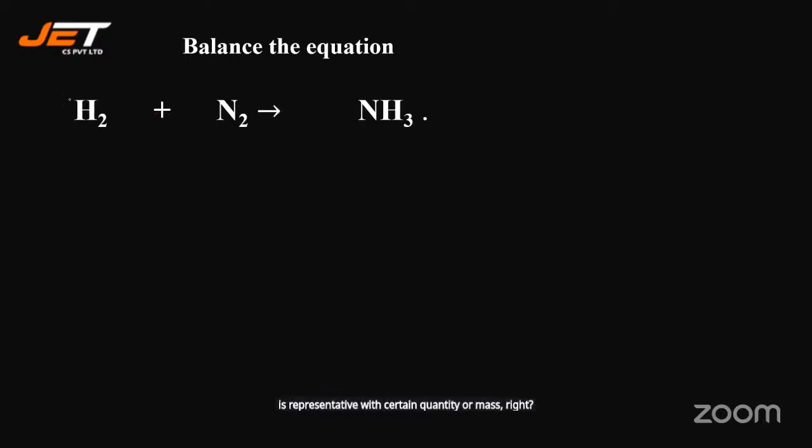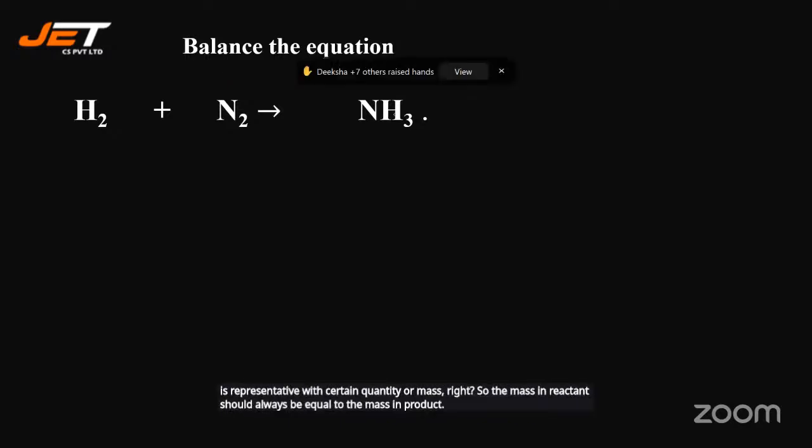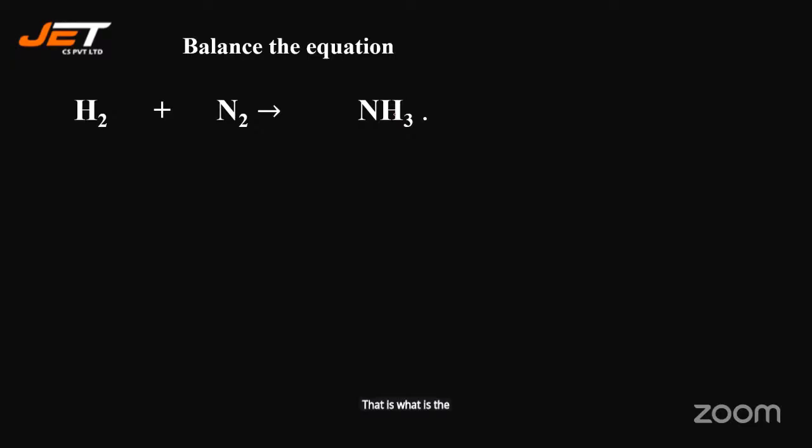So the mass in reactants should always be equal to the mass in products. That is the actual application of the law of conservation of mass to these equations. So a chemical equation is a symbolic way of representing a chemical reaction by following and respecting the law of conservation of mass.